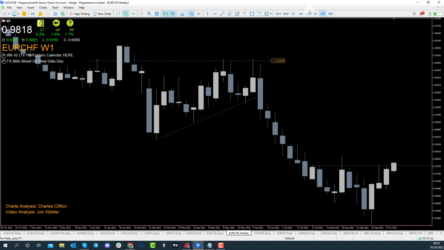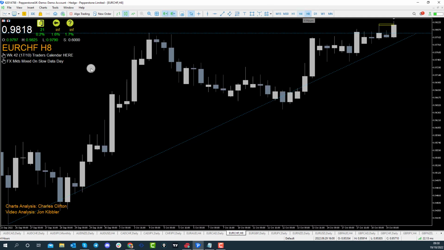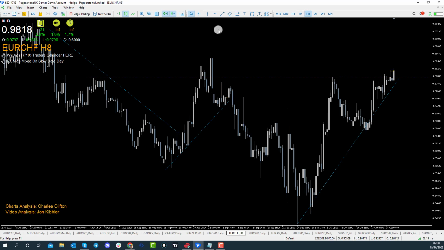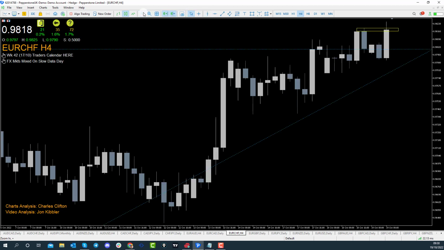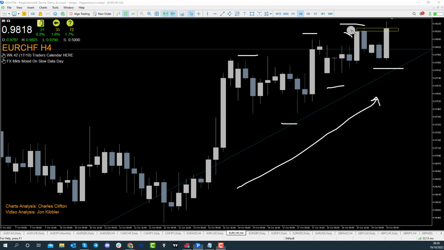Going back down to the lower time frames then, because price looks like it's on a breakout move at the moment. You can see here that I've highlighted on a 4-hour time frame this consolidation. So you can see that we're trending to the upside. The market's making higher highs and higher lows. We've recently broken out of the key level of 0.9800. We tried to climb back in, but buyers have stepped back in again.